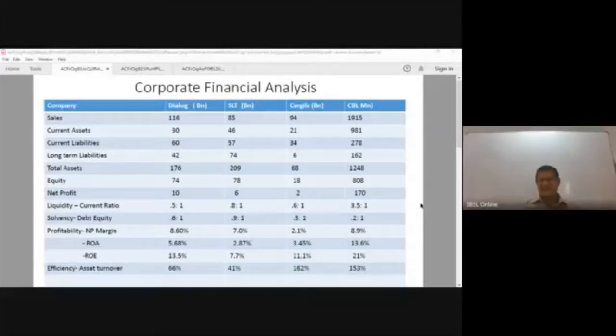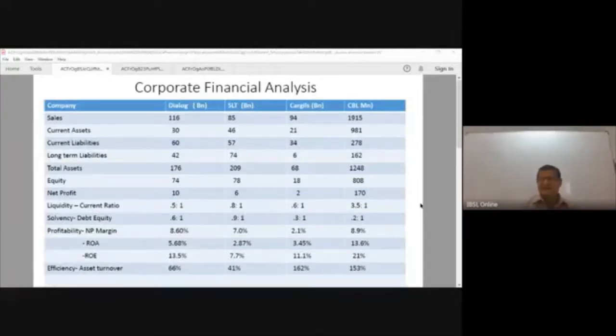Every rupee they invest in assets, they can sell for 162 rupees. So though the margins are low, as a result they only make 2 billion, but the volumes are very high.